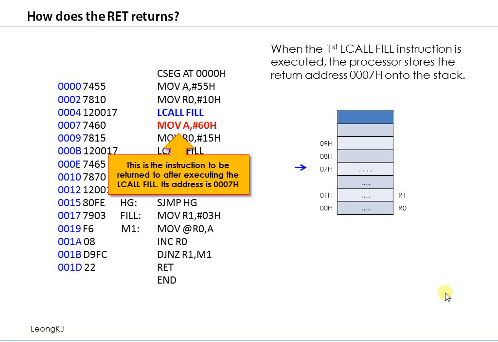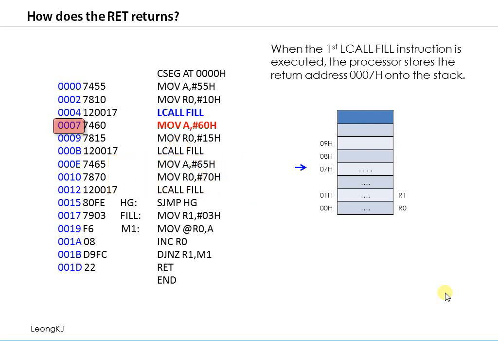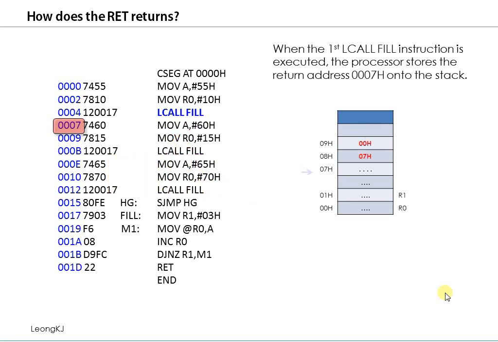This is the instruction to be returned to after executing the LCall field. Its address is 0007. This is called the return address. The return address is now stored in the stack. The stack pointer is now at 09.